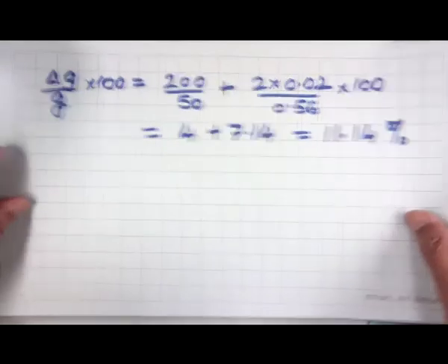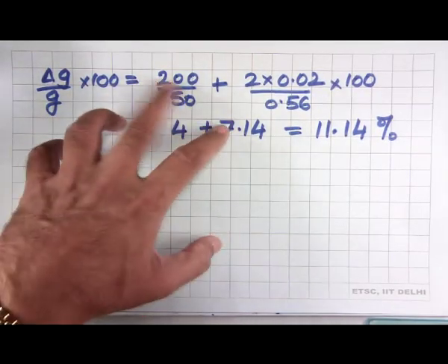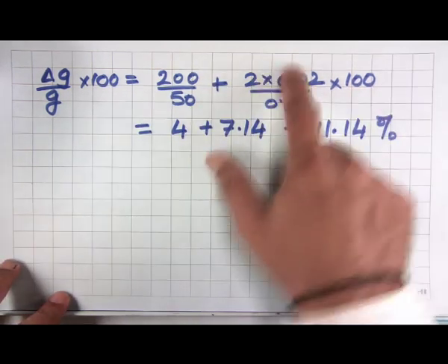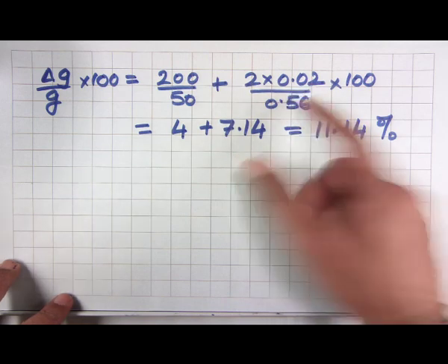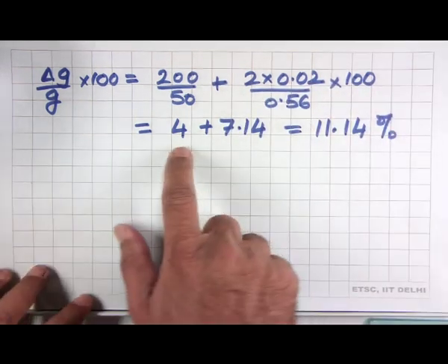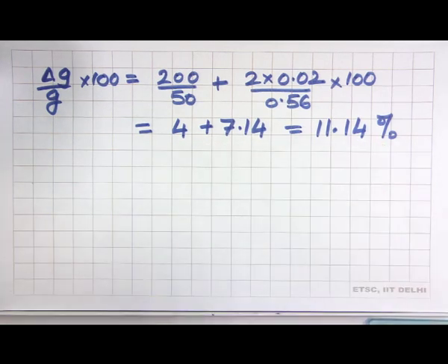So, multiplying both sides by 100, delta G by G into 100, the first number will become 200 by 50, and the second number, which we had calculated as 3.57, we multiplied by 2 and multiplied by 100. So, we get 4 plus 7.14. So, the percentage error is 11.14%.